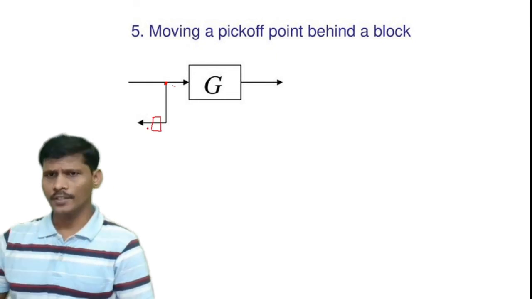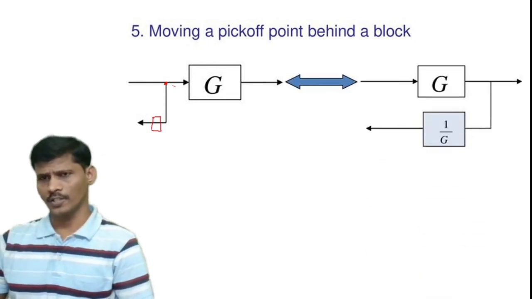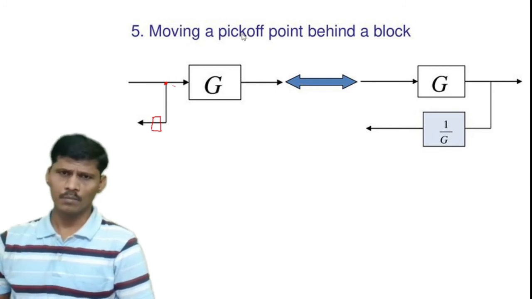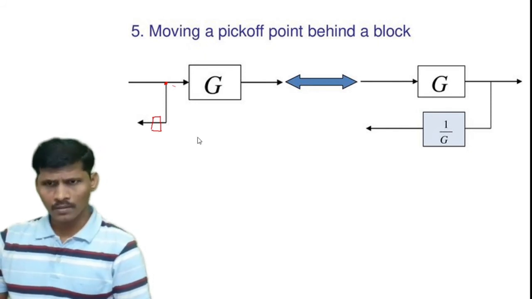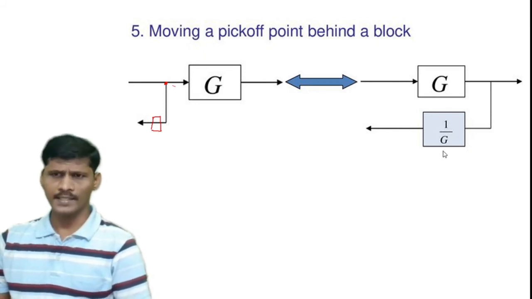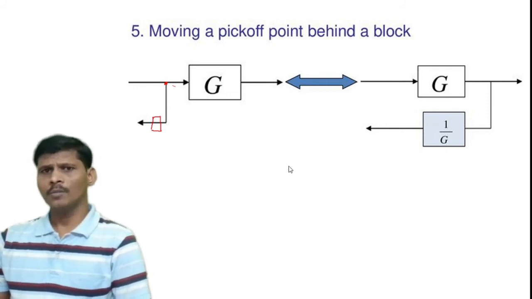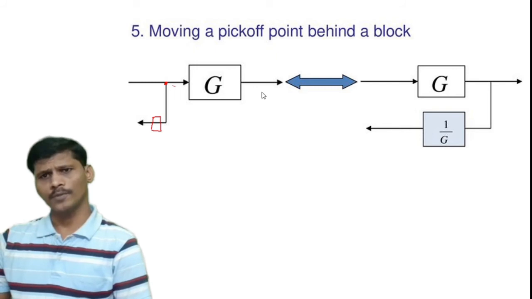Therefore, the equivalent representation is this one. Moving this branch point after the block, here we consider another additional block. That additional block is 1 by G. So this is the equivalent representation moving the branch point after the block.